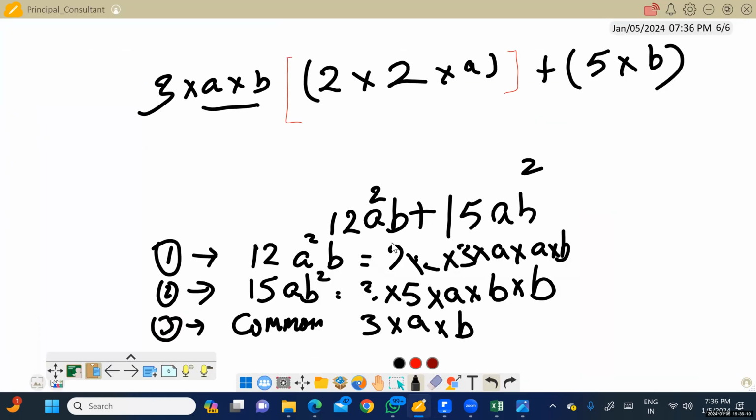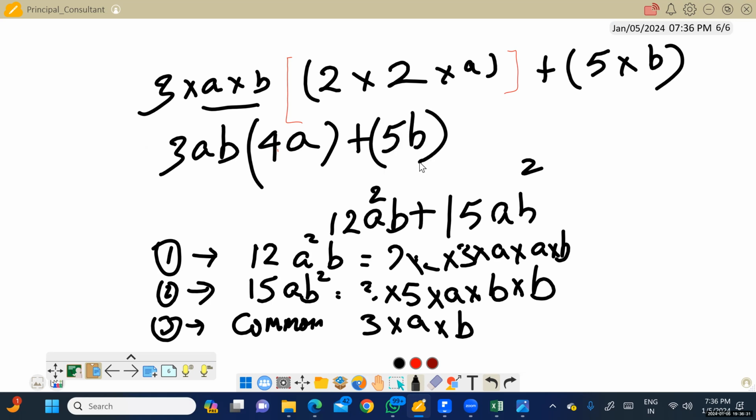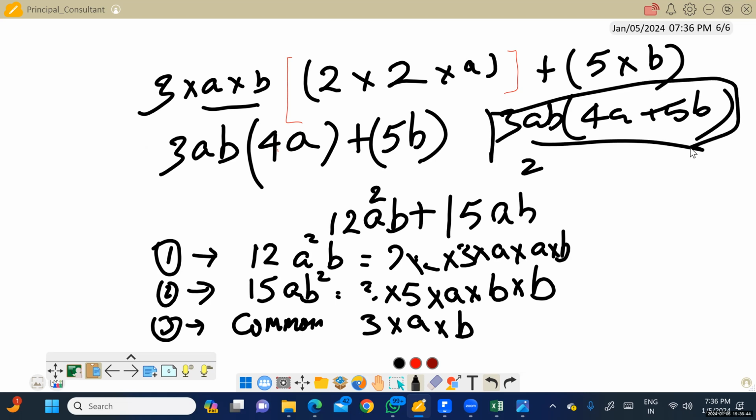So if I do this, 3AB, 4A plus 5B. 3AB, 4A plus 5B. This is the factored form required for this question.